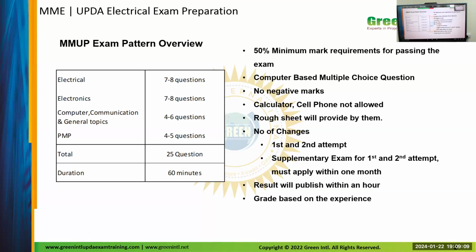Rarely we may have 5 options. Rarely we may have true or false. And in this exam, we have no negative marks till now. So you can attend all the 25 questions. There is no negative marking.